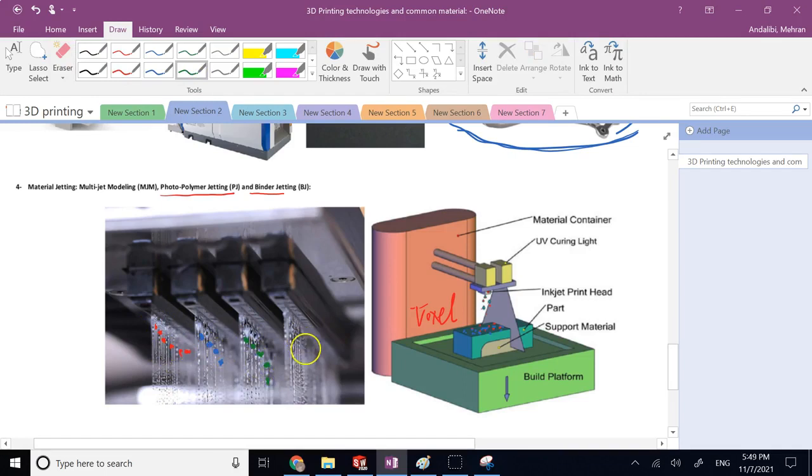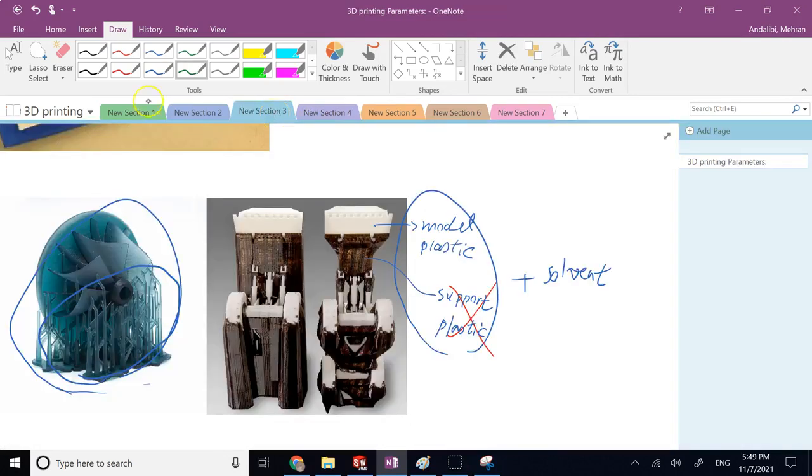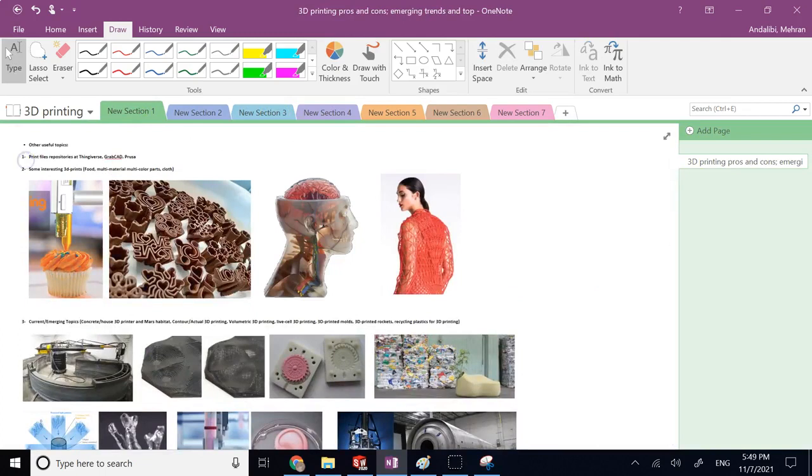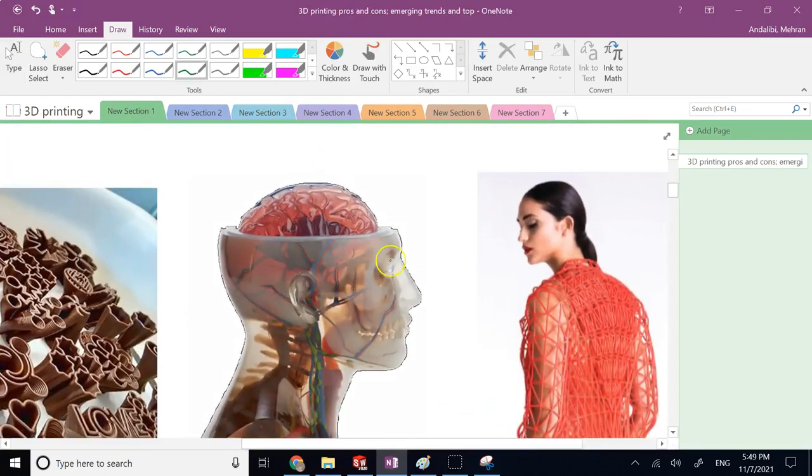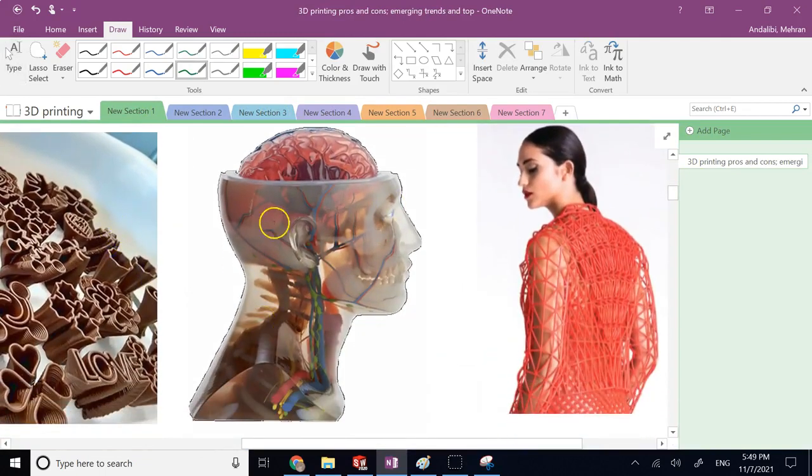And by a proper combination of these, you can have multicolor and multi-material parts. You can see parts like this one that I showed you in the previous video. These are the parts that you can get out of a polyjet printer: multi-material, multicolor, amazing demo parts, with amazing surface quality also, because they are really resin printers.